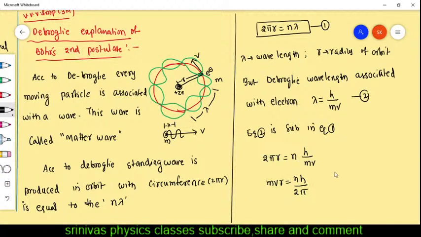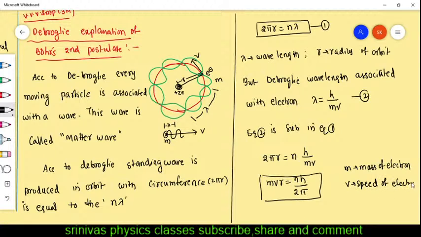Okay, what is mvr? What is m? This is the angular momentum of the electron. Is it right? m is the mass of the electron, and v is the speed of the electron in the orbit, and r is the radius of the orbit. n is the principal quantum number, the orbit number.